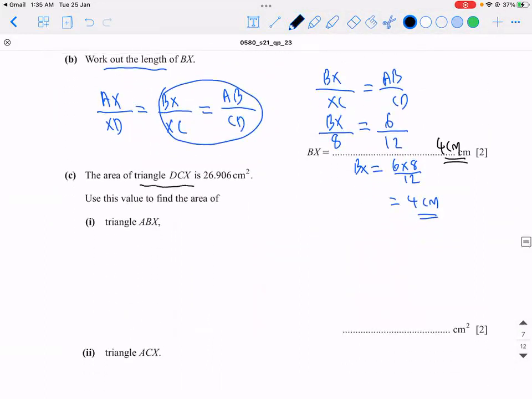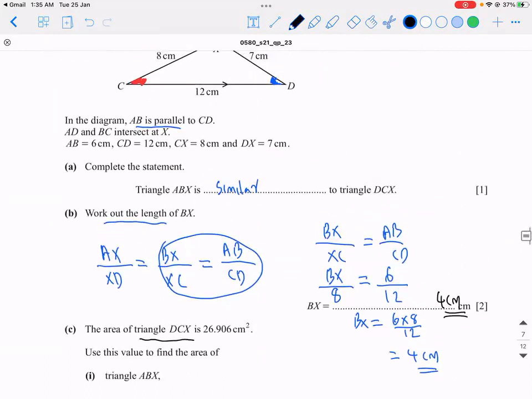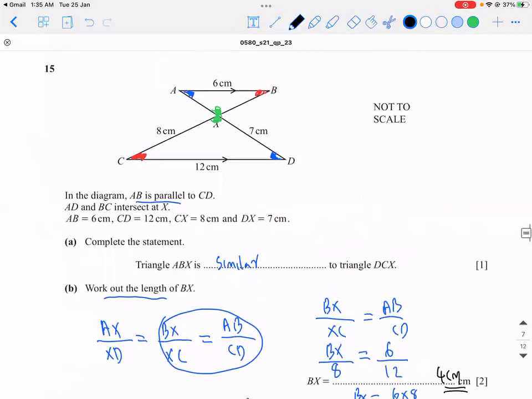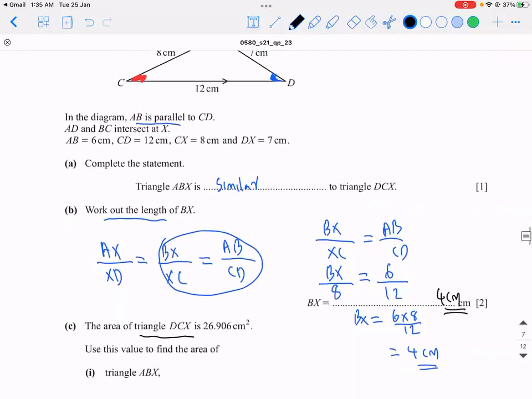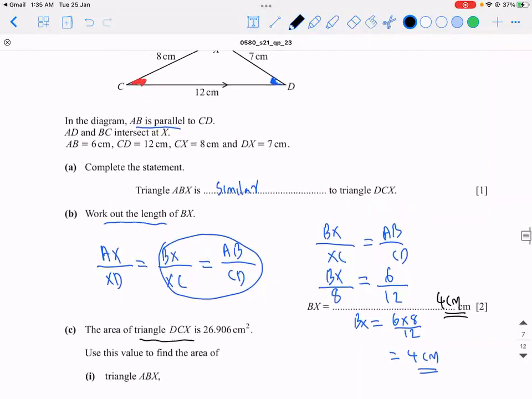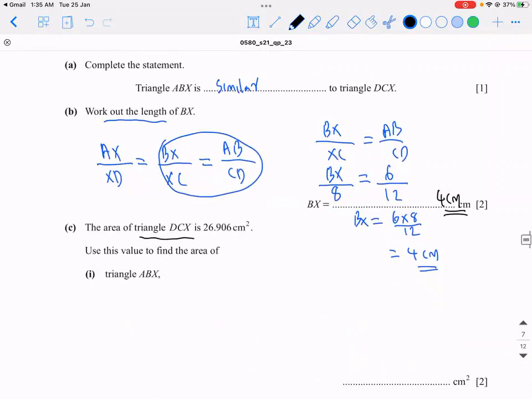Then the area of triangle DCX is 26.906. Find the value of the area of triangle ABX. We know that if they are similar, there is some relationship between the areas of similar shapes.